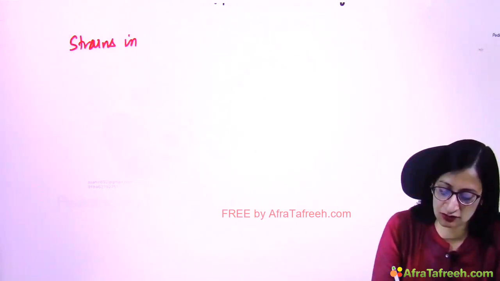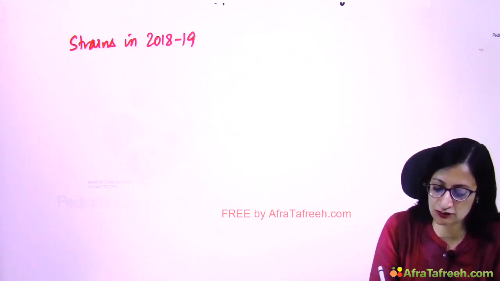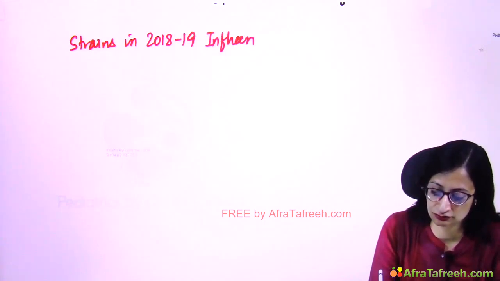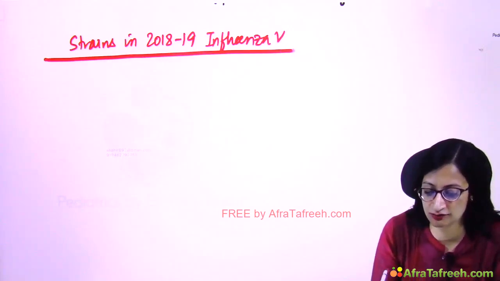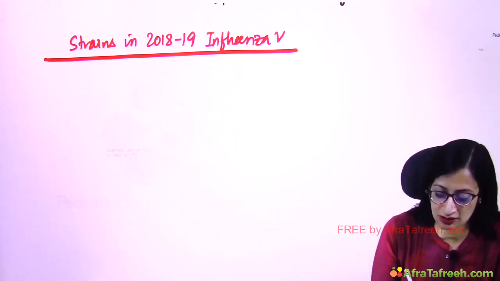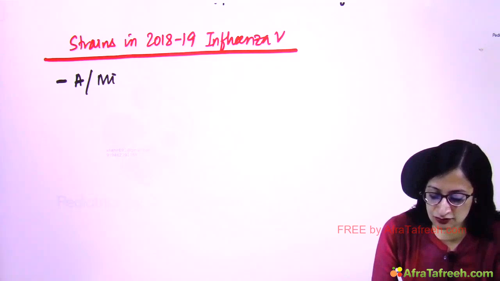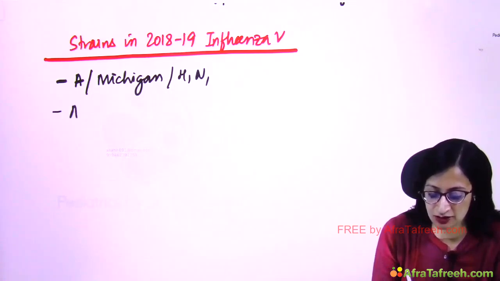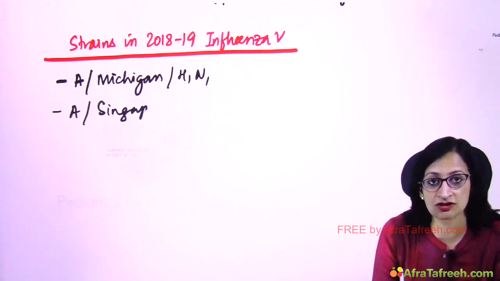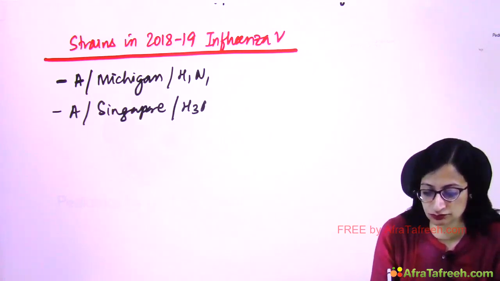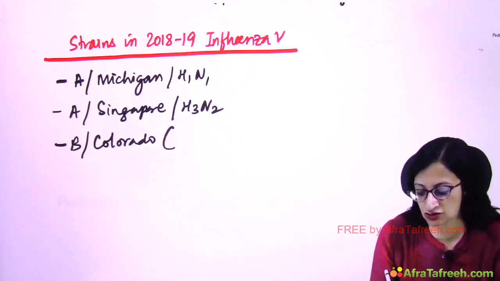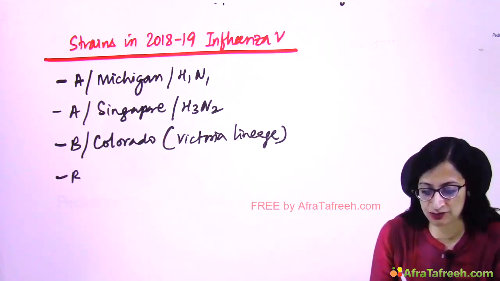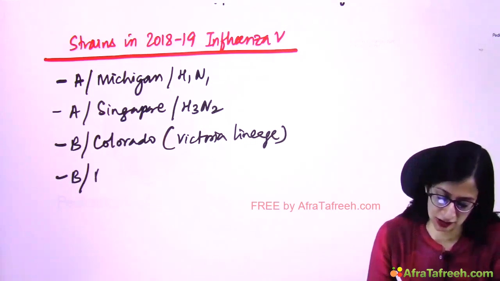Strains in 2018-19 influenza vaccine are the type A Michigan H1N1 strain, type A Singapore H3N2, type B Colorado Victoria lineage, and type B Phuket Yamagata lineage.